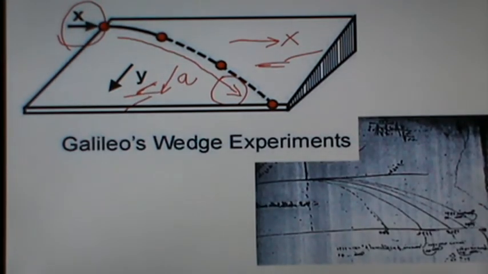This is the original sketch of Galileo when he studied the parabolic motion. Here, he varied the magnitude of the horizontal velocity so that he got different paths and also different distances.